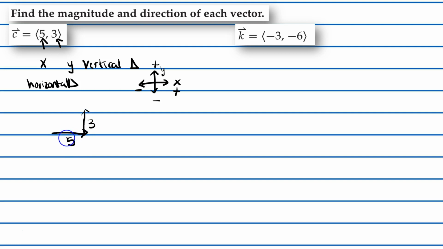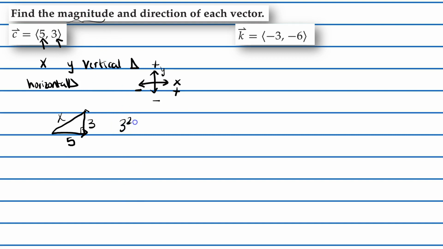And with this, we're going to connect it back to the Pythagorean theorem. We have a right triangle. Let's say that's x, which is going to be our magnitude. That's what we're still trying to find.